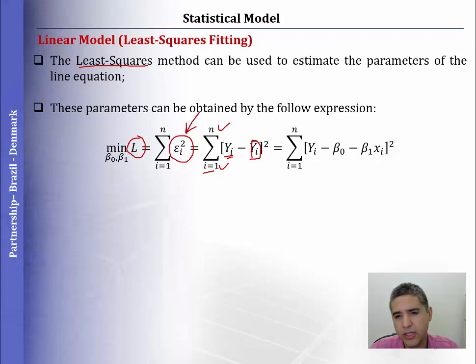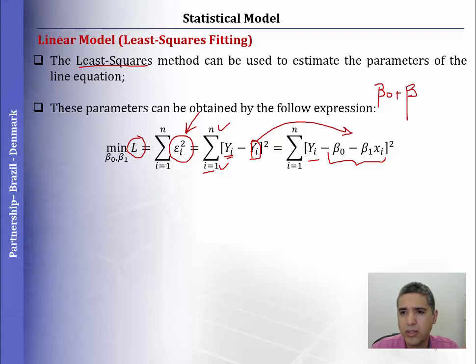Then we have the model associated to both parameters in a linear equation, which is beta 0 plus beta 1 multiplied by x. Okay, this is the model that we want to obtain. So we minimize the difference between the actual data and our model.